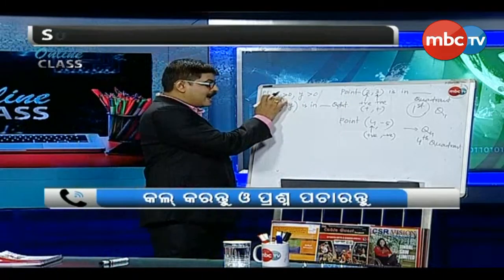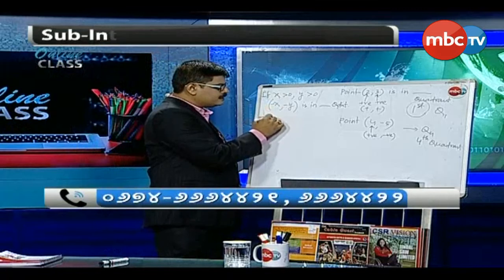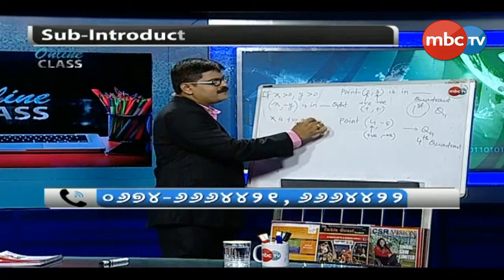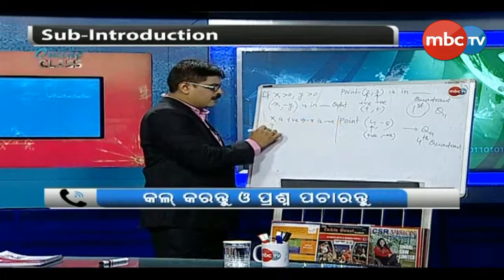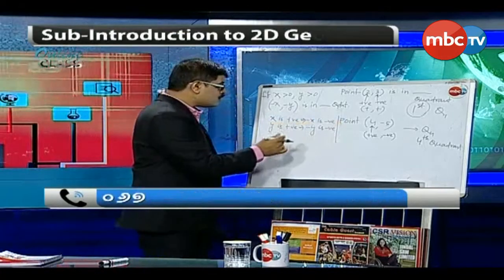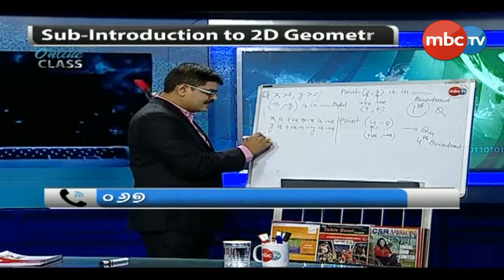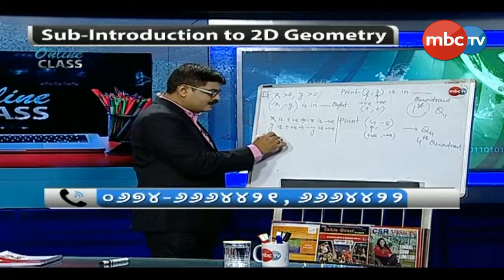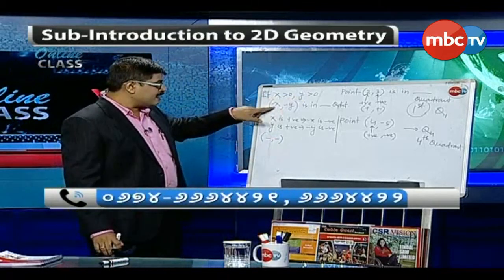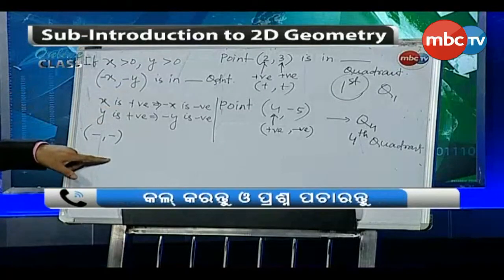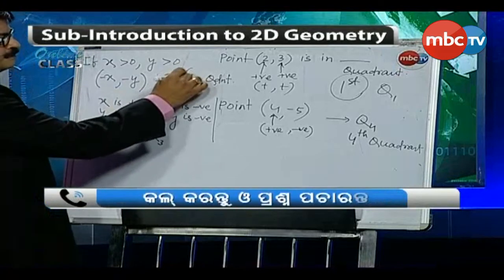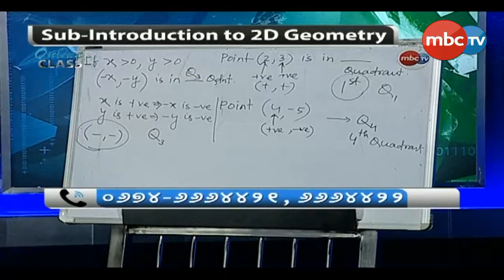Here you can see, as x is positive, minus x is negative, and y is positive, so minus y is again negative. So, the coordinates have the sign minus minus. That means minus minus, we are in which quadrant? We are in Q3, the third quadrant.